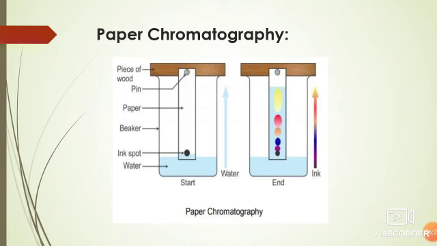From bottom to top, various colors are separated according to their polarity. So this is the technique of paper chromatography through which we can identify the unknown compound present inside the mixture. This is all about the process of paper chromatography.